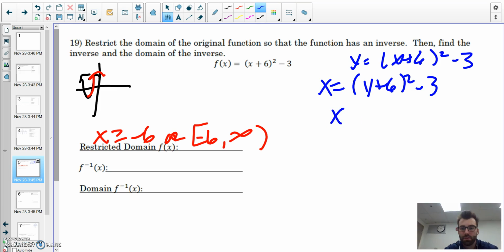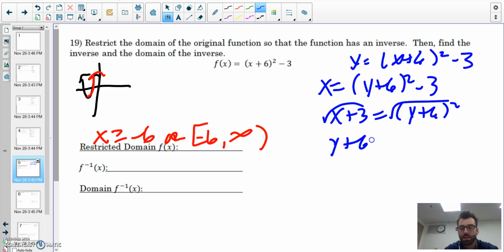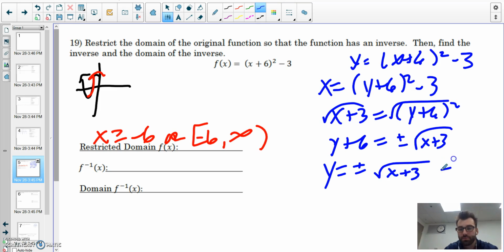Add the 3. X plus 3 equals y plus 6 squared. Square root both sides. Technically, y plus 6 equals plus or minus square root of x plus 3. Subtract the 6, y equals technically plus or minus the square root of x plus 3, and I'm going to talk about that in a second, minus 6.